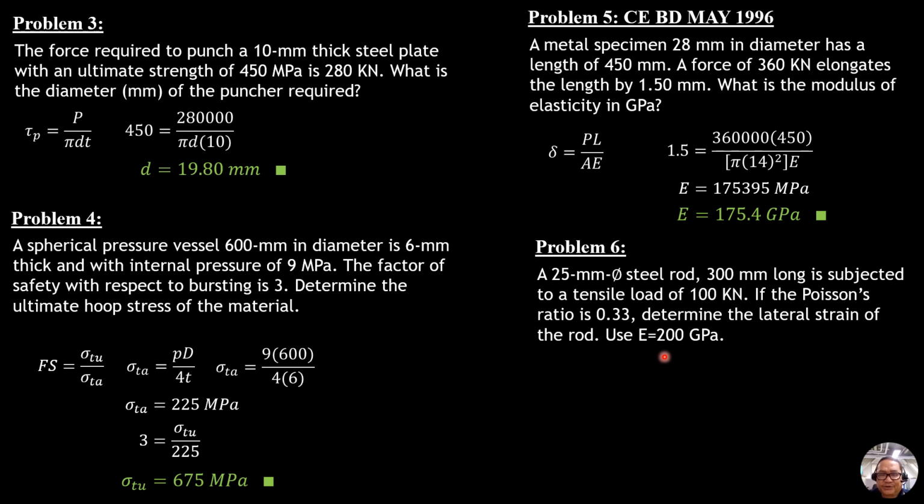So the formula for Poisson's ratio is negative lateral strain divided by longitudinal strain.